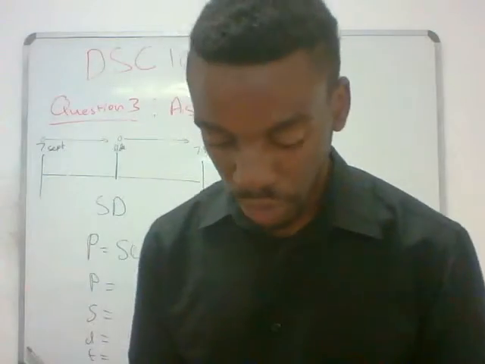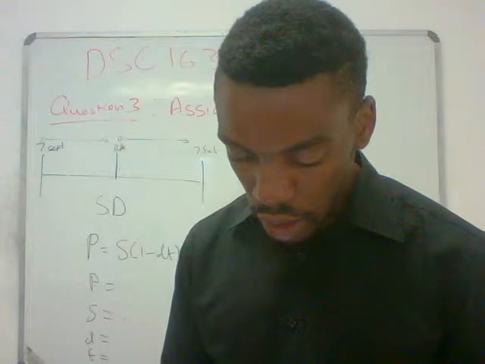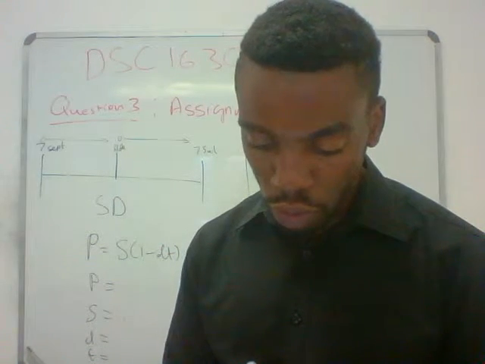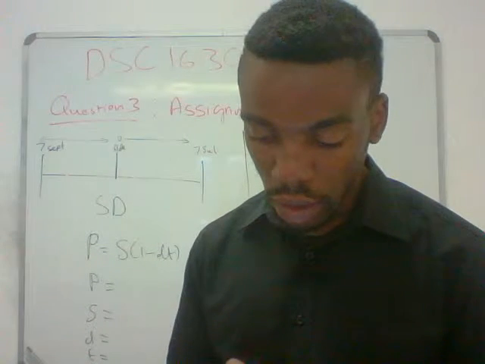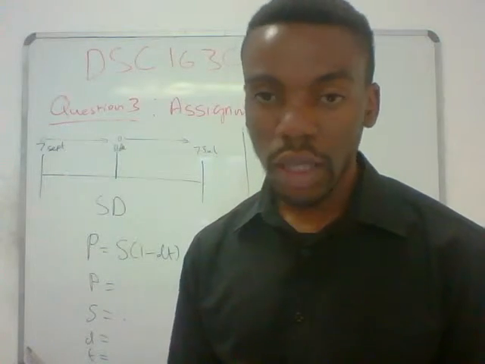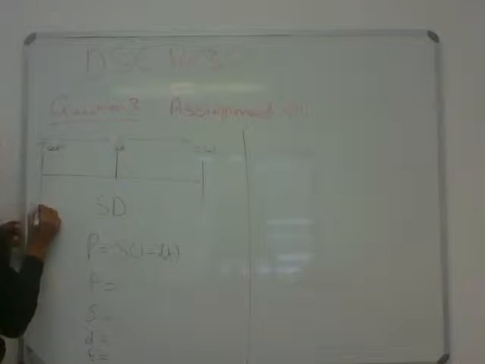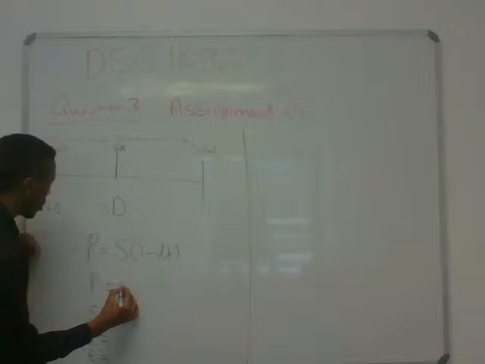Then let's see. What are they asking now? Now let's put in the values. Nina received an amount of 22,340 from the bank at a discount rate of this on 7 September. So this 22,340 is on 7 September. So it's our present value because it's at the beginning of the timeline.